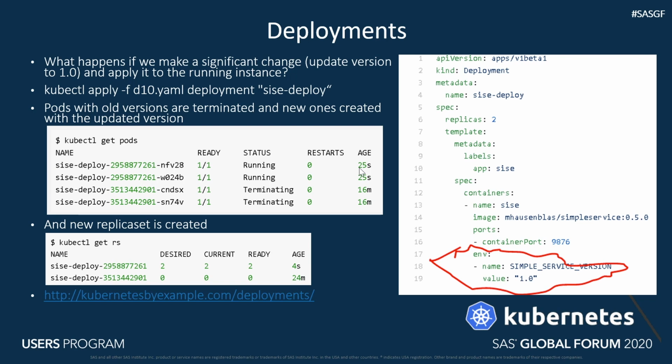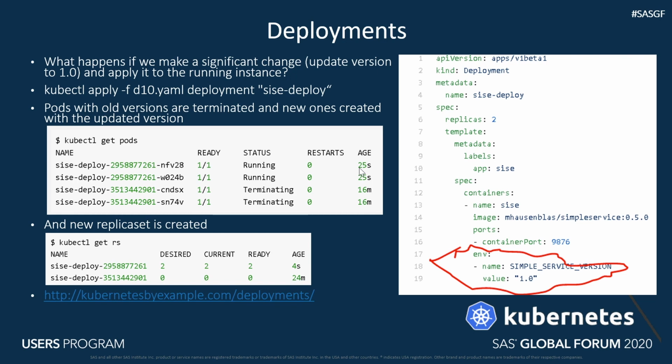So what happens if we make a significant change? We update a version number or some piece in there, for example, within the deployment spec, and then apply it. Then what happens is Kubernetes is smart enough to understand, oh, I've gotten a new specification for this. I should get rid of the old one that is based on the old specification, and I should go out and then update it. So it will terminate the ones that are currently running based on the old specification, and spin up new ones that are running based on the new specification out here.